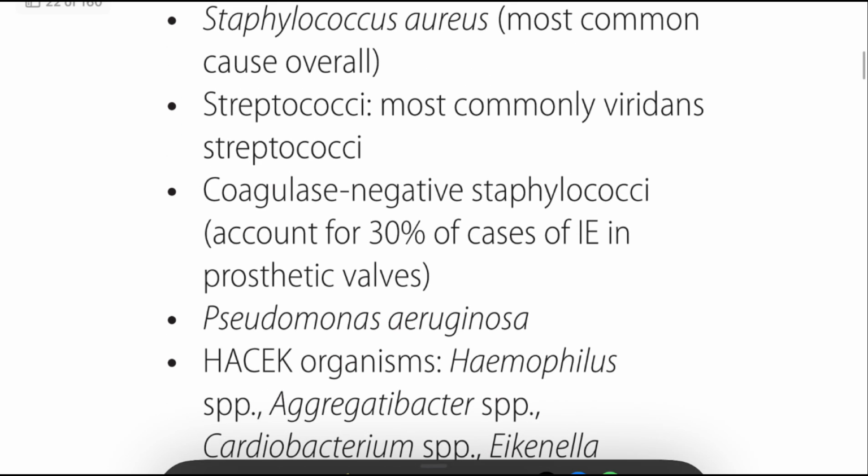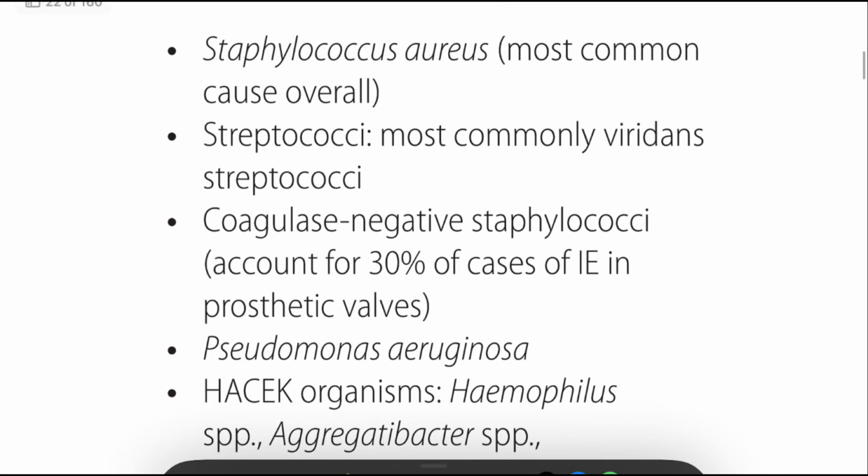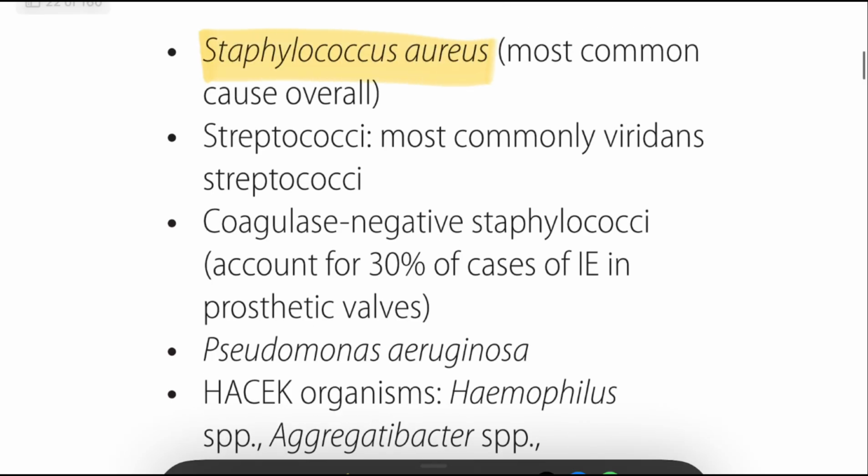Next is streptococci, which usually affect abnormal valves with slow progression. Whenever a patient has Staphylococcus aureus, we have to suspect acute infective endocarditis, or the patient may have a history of intravenous drug use.